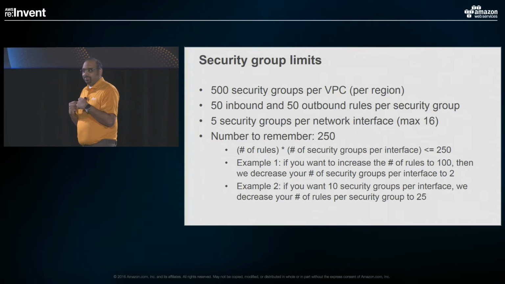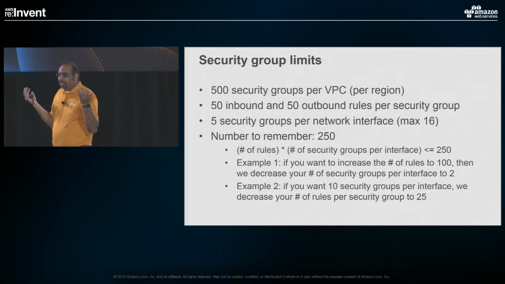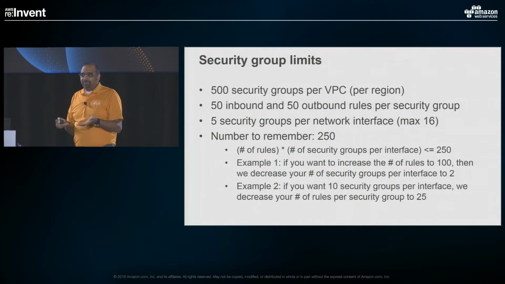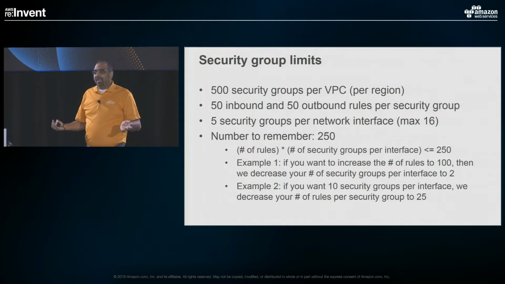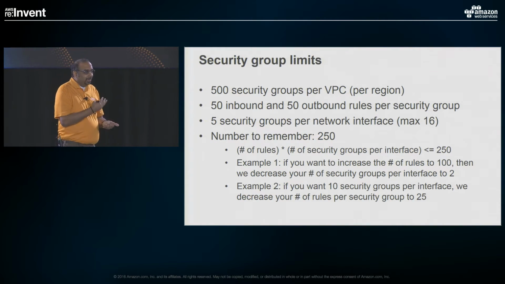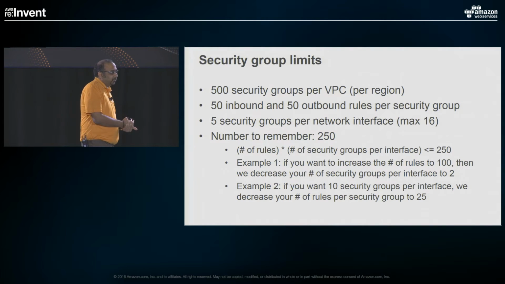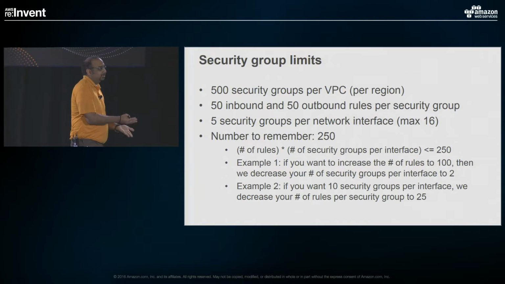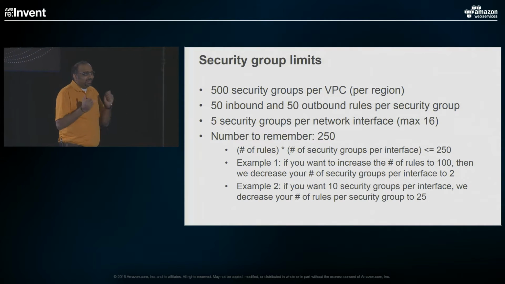We go through their configuration, and in a matter of minutes, we end up reducing the number of rules they need, and they're happy. I've run into scenarios where I get paged on Friday at 5 p.m. saying, hey, I need you to increase my rules because we're launching the service on Monday and we're blocked. So definitely take the time.